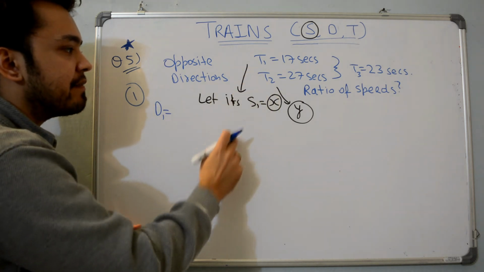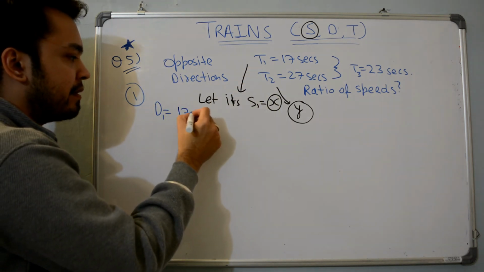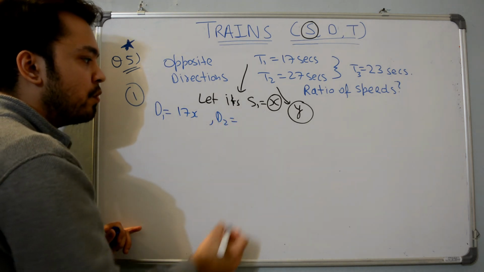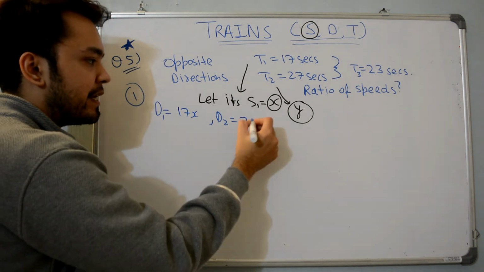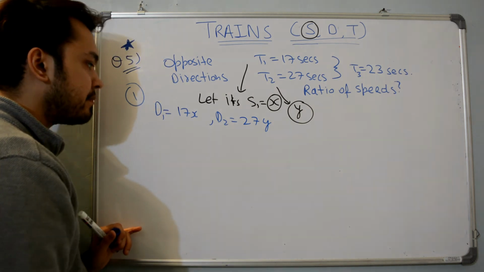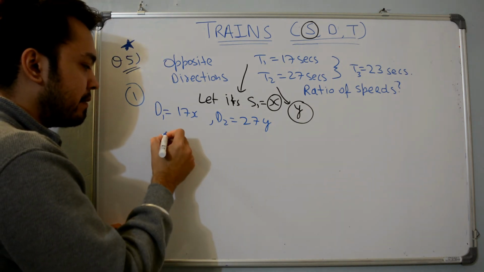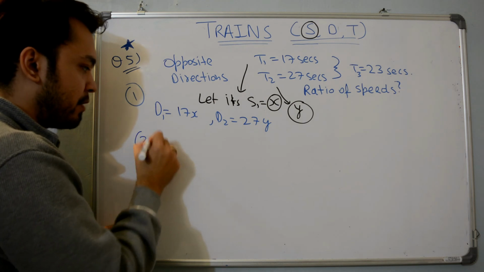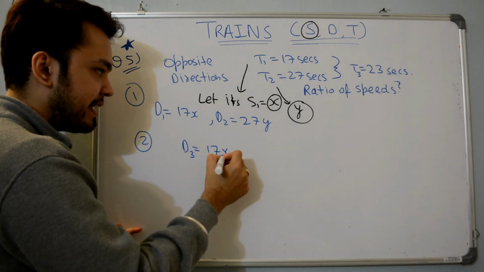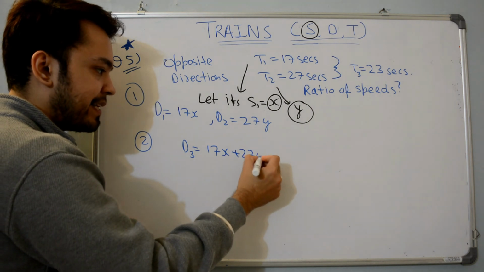So we will straight away multiply 17x, right? Similarly, our d2 will come out to be how much? 27y.